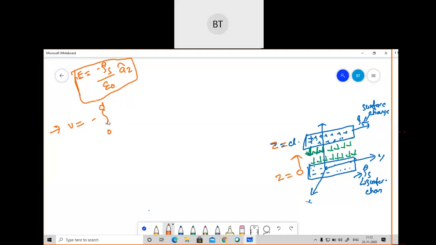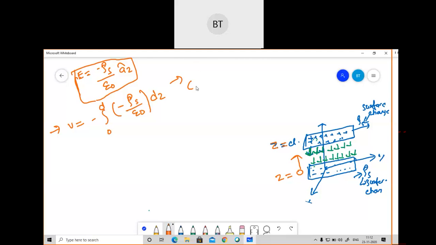I have substituted the limit 0 to d, and the electric field I am getting here is minus rho s by epsilon naught, into dz.